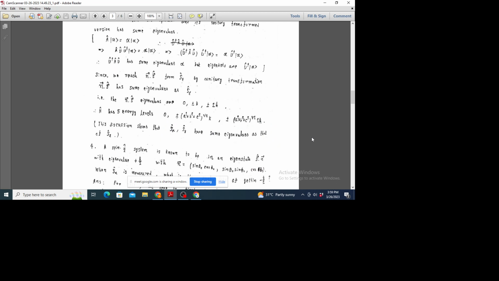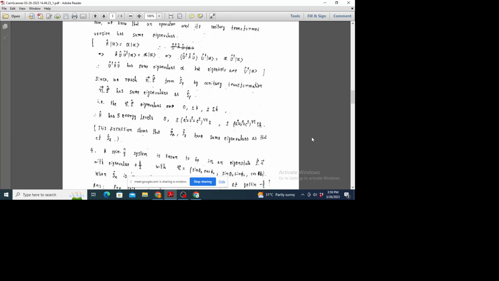All of these rotations along different axes have the same eigenvalues, but their eigenvectors are different and are connected to each other by unitary transformations. So this concludes this question. If you have any questions, please ask.